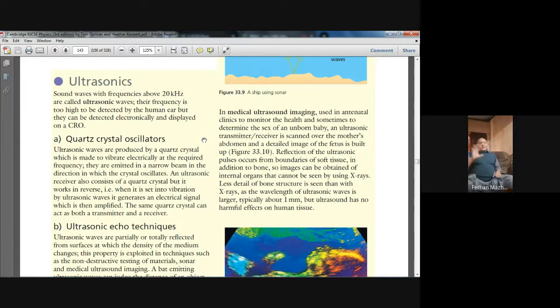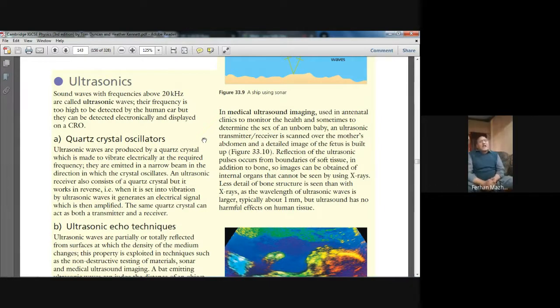So today the main purpose is to study about the ultrasounds. The sound waves whose frequency is more than 20,000 hertz are called ultrasounds. We have studied that these are longitudinal waves, and when they are propagating in a medium, if there is a change in the density of the medium, it means that when the sound waves enter from one medium to another, some of the sound waves are reflected back.